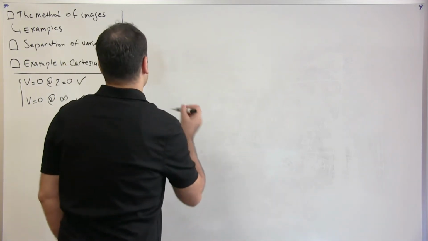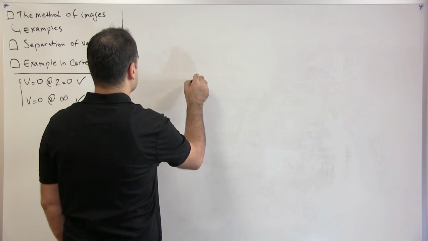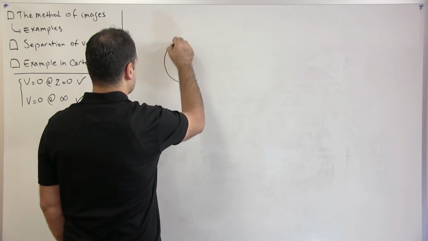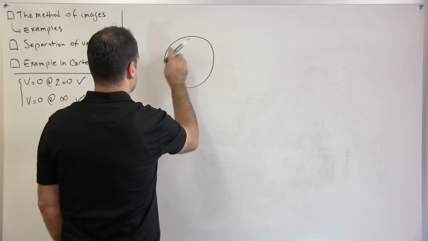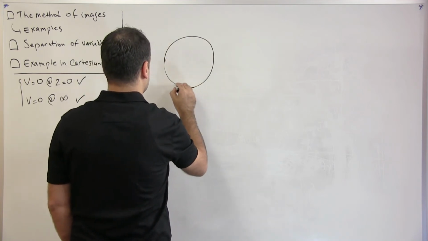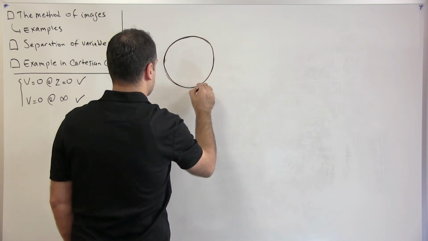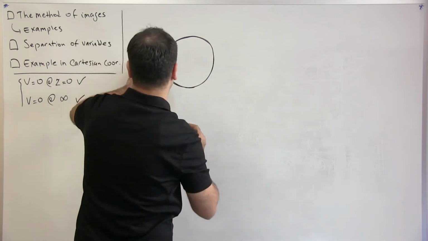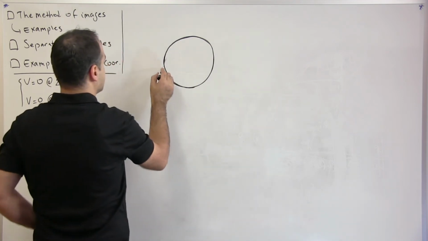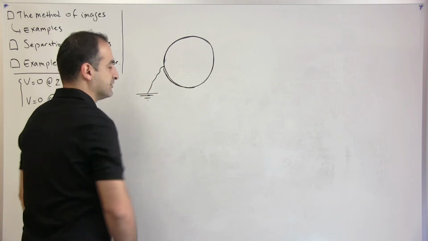Cool. So another image charge problem that is interesting is this. Imagine this is a sphere, this is a conductor, and this conductor is connected to ground.